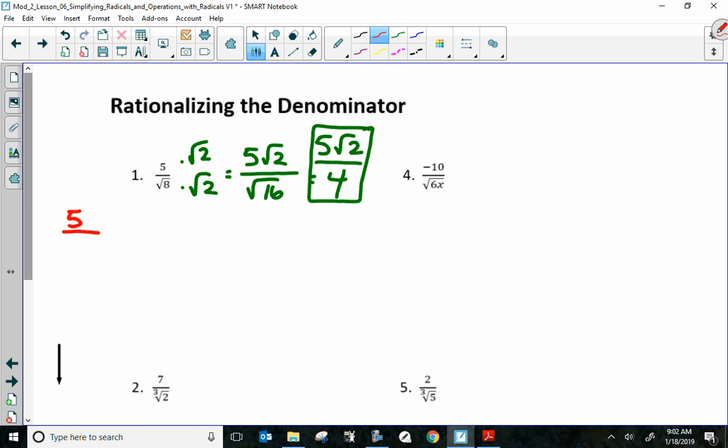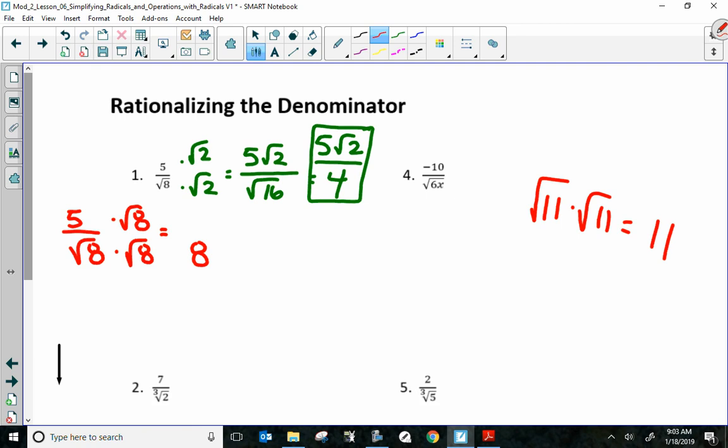If I have 5 over radical 8, some people say, well, radical 8 times radical 8 is the square root of 64, which is 8. If I multiply two things together that are under a radical, radical 11 times radical 11, the answer is just the number without the radical. How come? Because it's the square root of 121, which is 11.